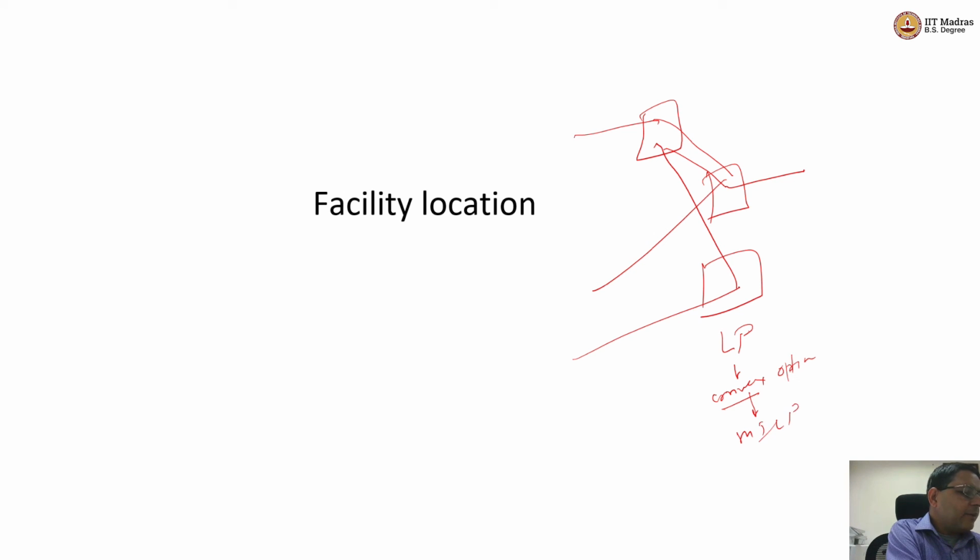MILP we discussed when we spoke about facility layout problems, product layout problem in particular. What is MILP? Mixed integer linear programming problem. So there are some decision variables which are integer, some decision variables continue to be continuous. That's why it is called mixed integer linear programming problem.